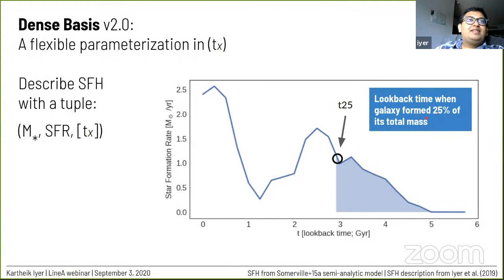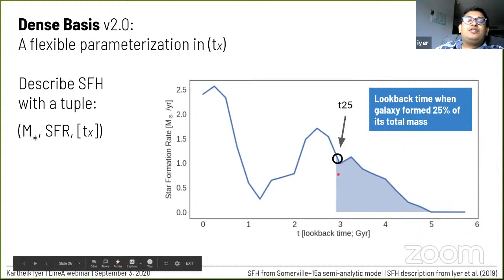What I mean by this is that we can describe a star formation history using a tuple given by its stellar mass, its star formation rate at the time of observation, and a set of parameters Tx, where any Tx is the look back time when the galaxy formed that fraction of its total mass. So this means that T25 is when it formed 25% or 1/4 of its total mass.